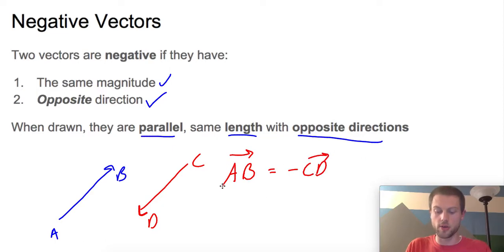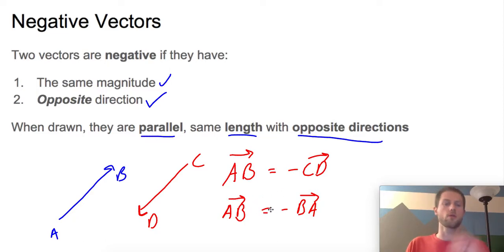And in general, you can make the statement that any vector AB is going to always equal the negative of its negative vector BA. So this is just a true statement all over the place. But again, these are parallel, they are the same size, they just terminate and emanate from different spaces.